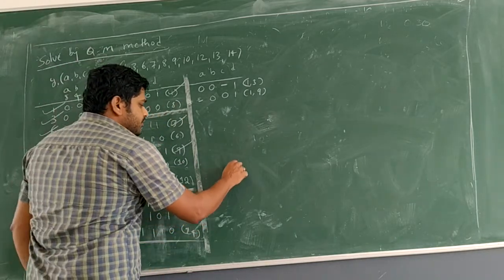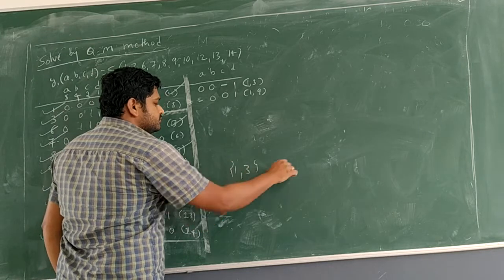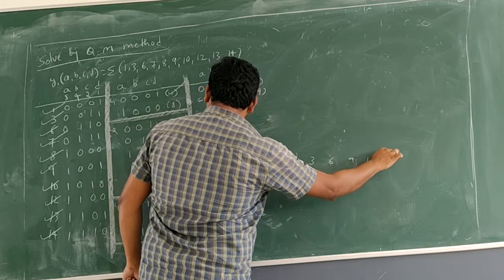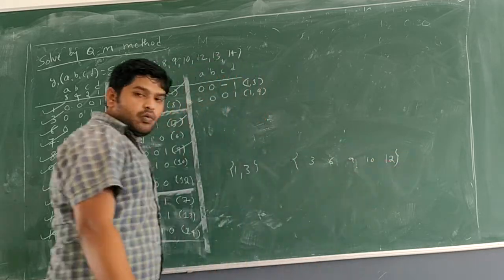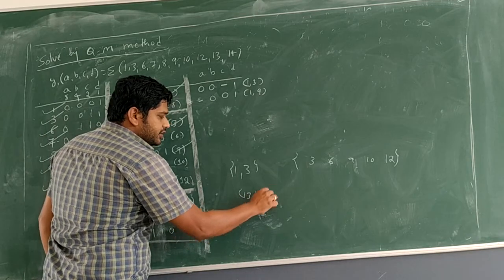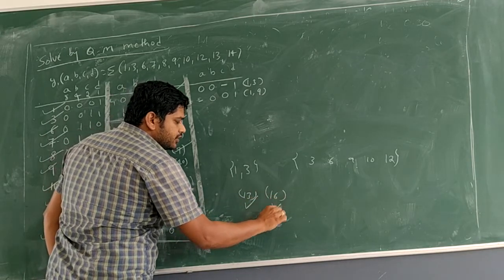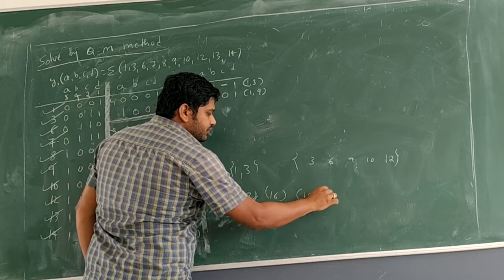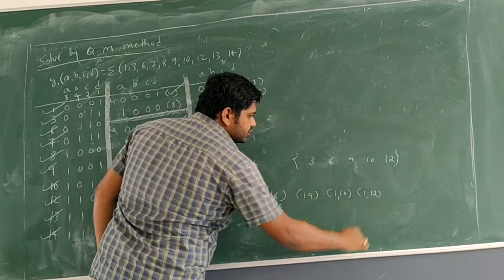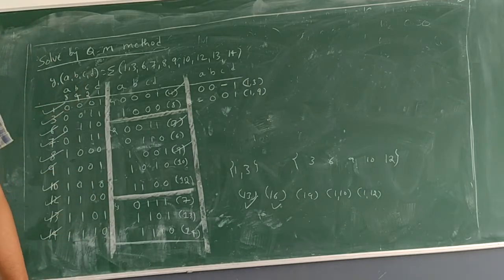What we did is we took 1 3 and we took 3, 6, 9, 10, 12. Now what we have finished as of now is 1 3 we have checked, 1 6 we have checked, 1 9 we have checked, 1 10 we have checked, 1 with 12 we have verified.